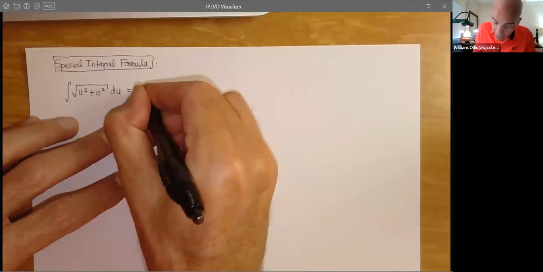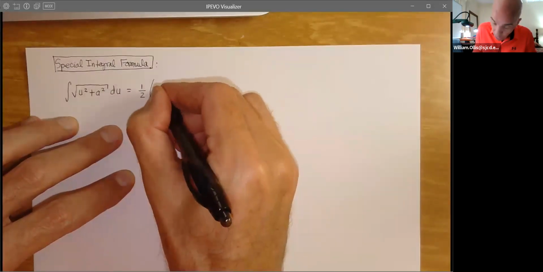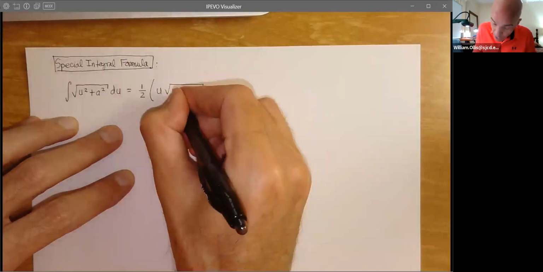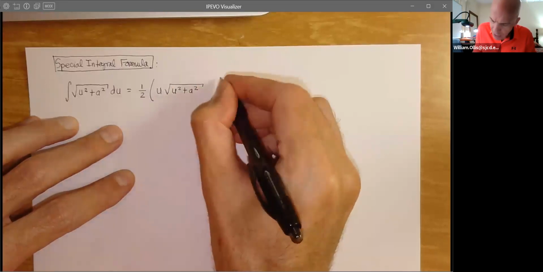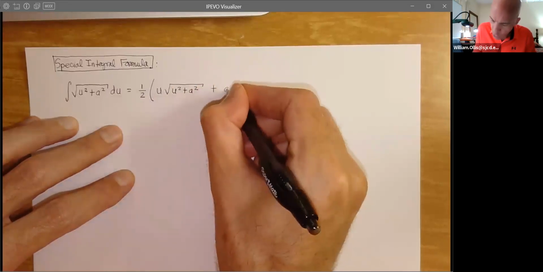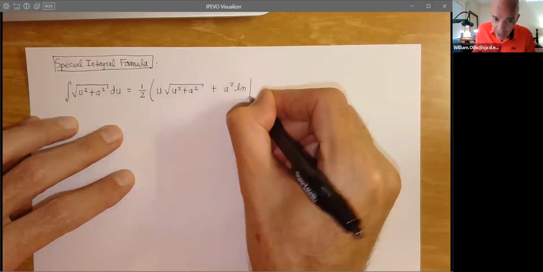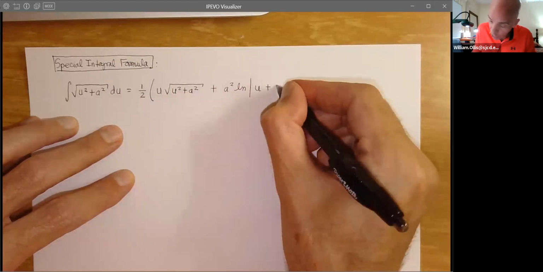So when we apply the trig substitution, we get 1/2 u square root u squared plus a squared. In some cases, it doesn't make sense to start from scratch unless we have to. So you need to be savvy with these, but then you also need to be able to utilize the integration table.